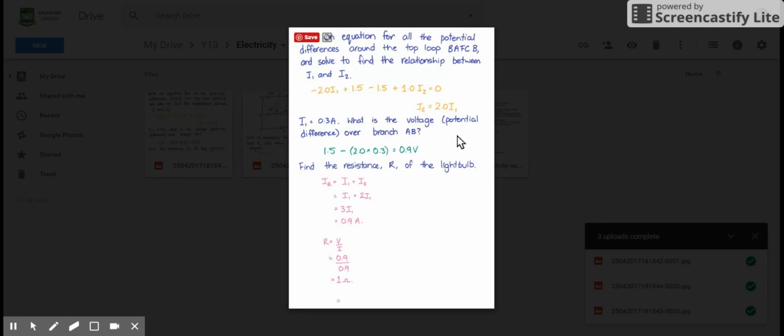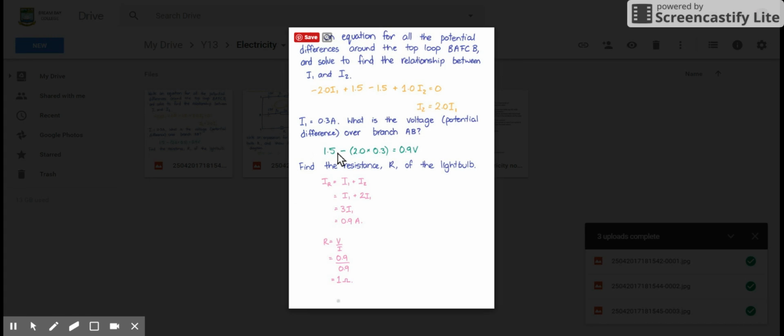If I1 equals 0.3 amps, what will the voltage over branch AB be? Okay, this took me a little bit of time to figure out what they were asking for because that's not necessarily very easy to see. But basically what they're saying is the voltage is basically the loop law on a tiny part of the loop.